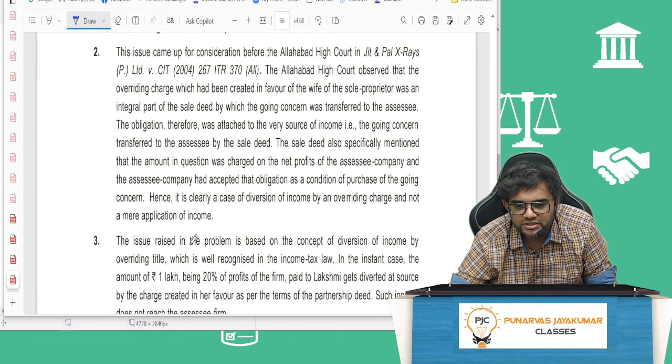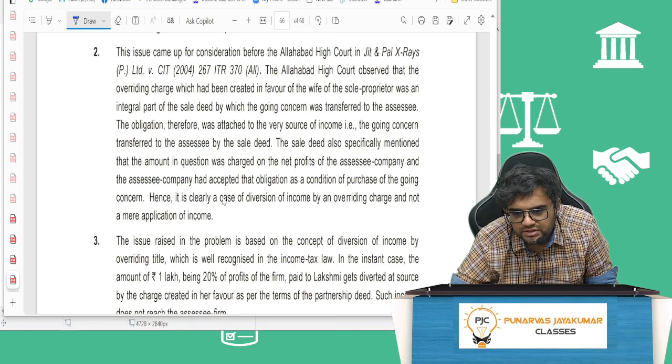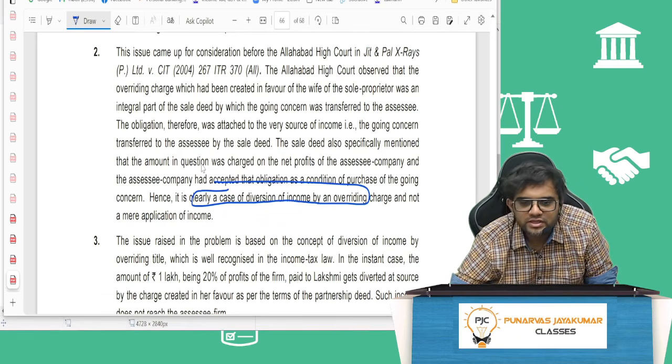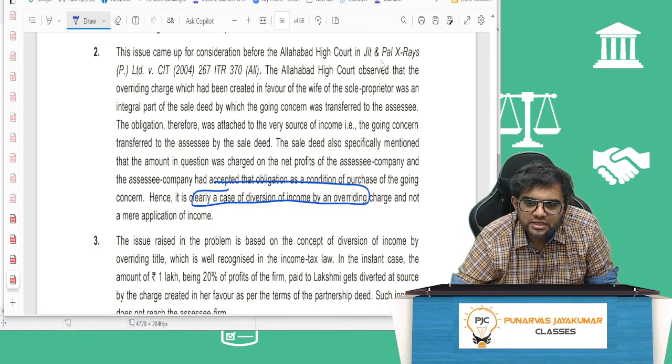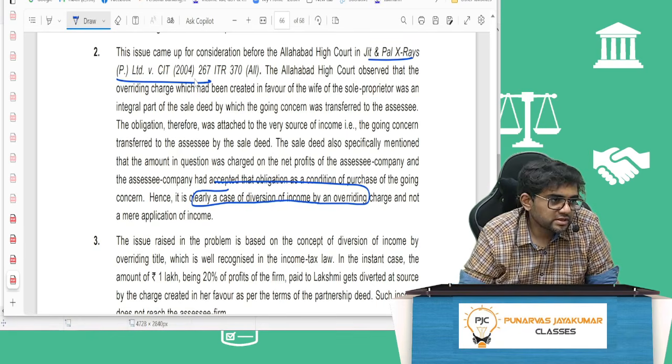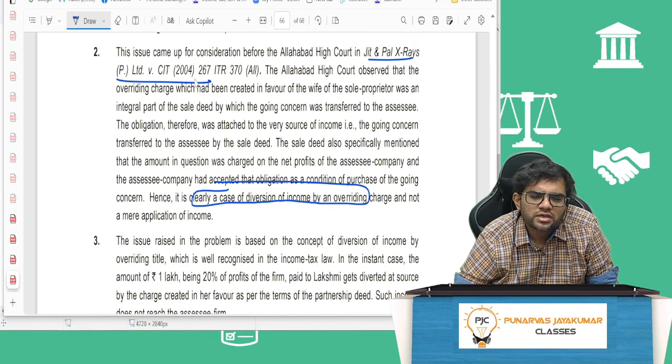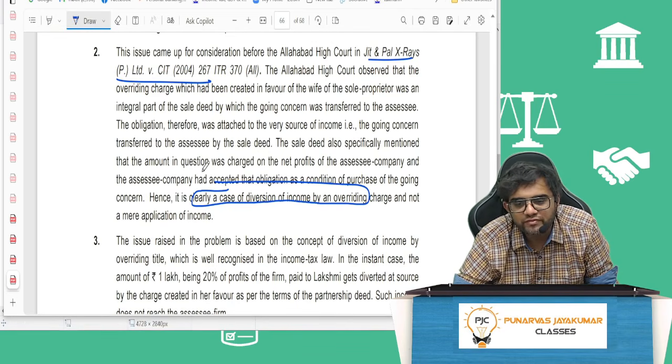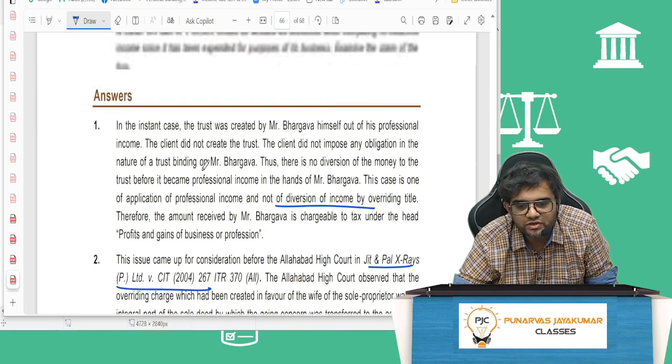So obviously what is it? It is diversion of income. Why? It is there in the case law also, which we discussed in our notes. Same thing: in the agreement you have made a point that this much percentage will be transferred to the wife, otherwise the agreement itself is invalid. If you have mentioned it like that, obviously it is a diversion of income.